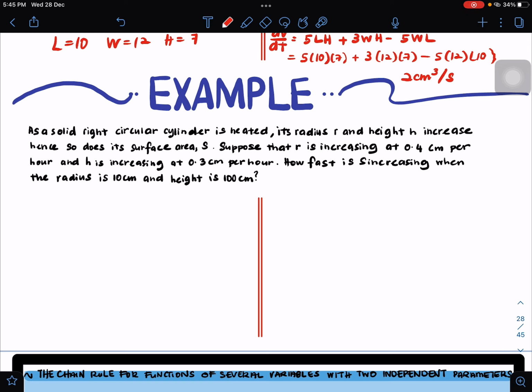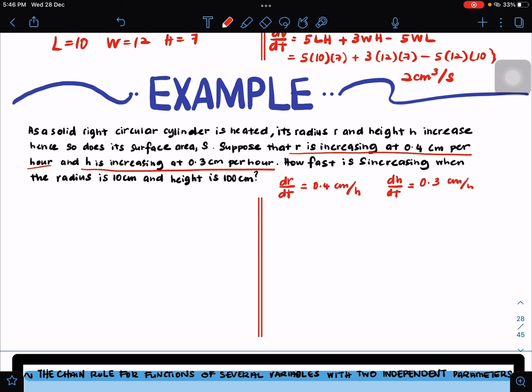You kena tahulah formula untuk circular cylinder. Suppose that r is increasing at 0.4 cm per hour. So r is increasing maksudnya rate of change of r, so terus tulis dr dt, 0.4 cm per hour. And h is increasing at 0.3 cm per hour. H adalah dh dt, perubahan h adalah 0.3 cm per hour.